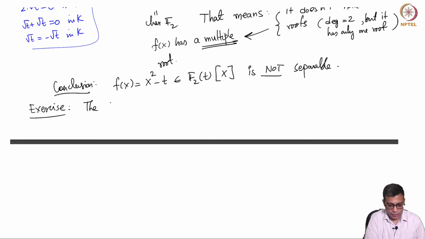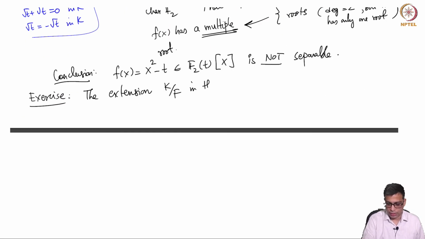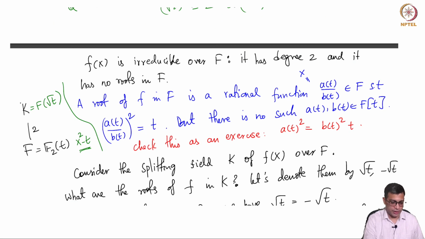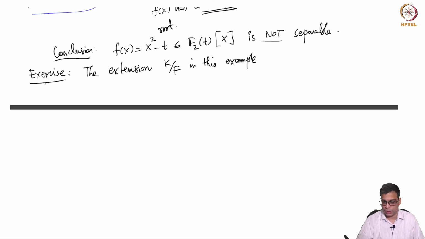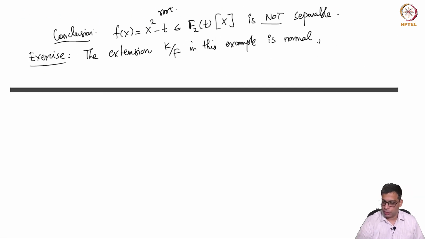The extension K over F, in this example, that means F is this, K is the splitting field of x squared minus t, is normal. This is by definition because it is the splitting field of a polynomial, but not Galois.